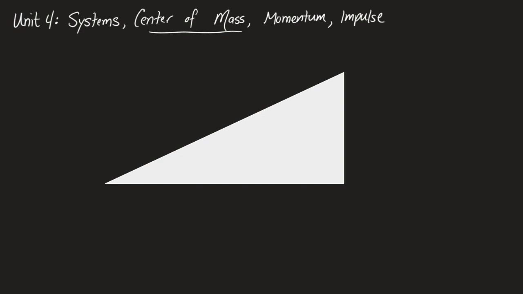It's the balance point. Now, gravity acts on the entire object, I want to be very clear. But if you can find a place to balance an object, you have found its center of gravity.